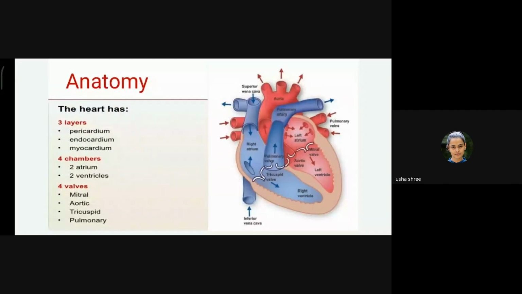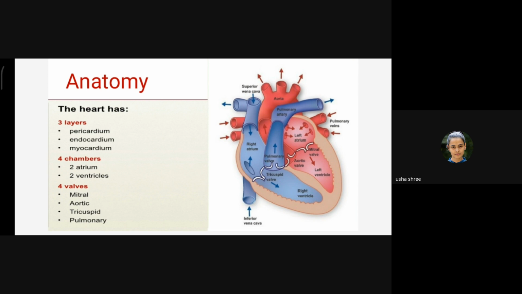That is why it is known as tricuspid. And the valve between the left atrium and left ventricle is known as the bicuspid or mitral valve. This is an important question: which valve is known as the mitral valve? The valve between the left atrium and left ventricle. This is also known as bicuspid because this valve has only two flaps or two separations.